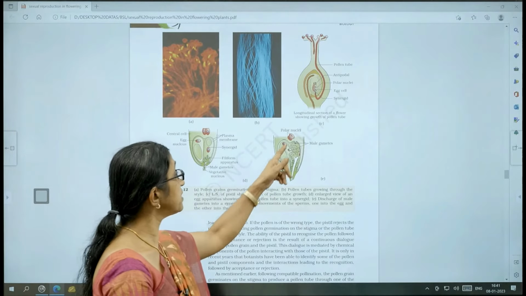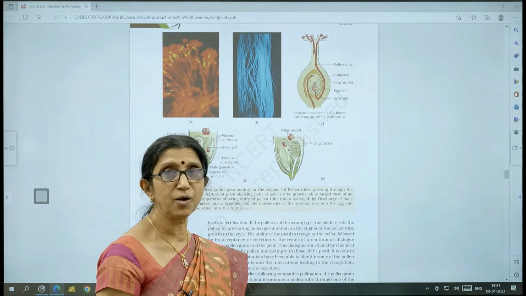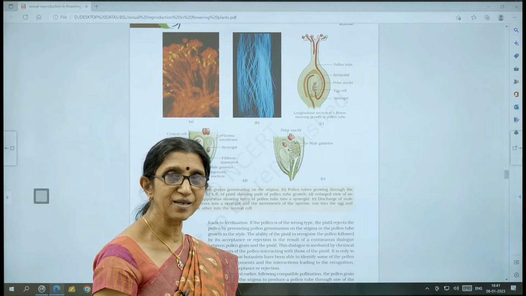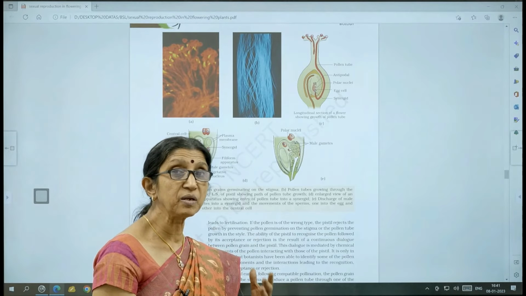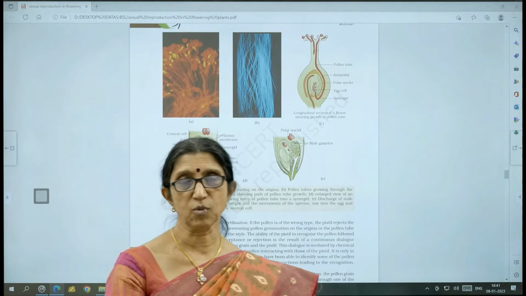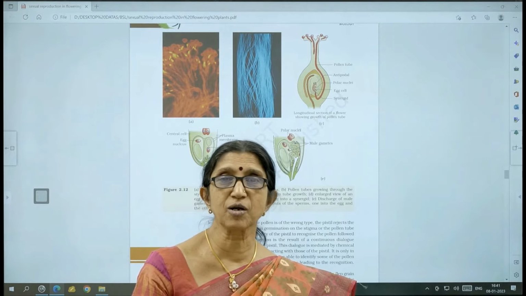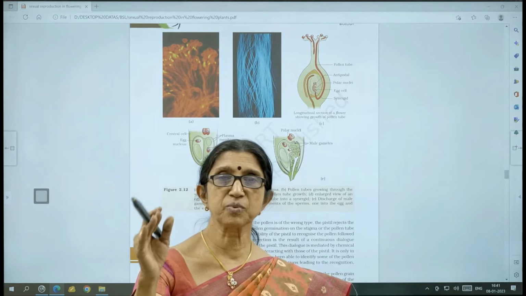That will go to the central cell and fuse with the fusion product of the two polar nuclei called the secondary nucleus, and this fusion is called triple fusion, just because it involves fusion between three nuclei. Triple fusion results in the formation of a triploid nucleus called the primary endosperm nucleus.